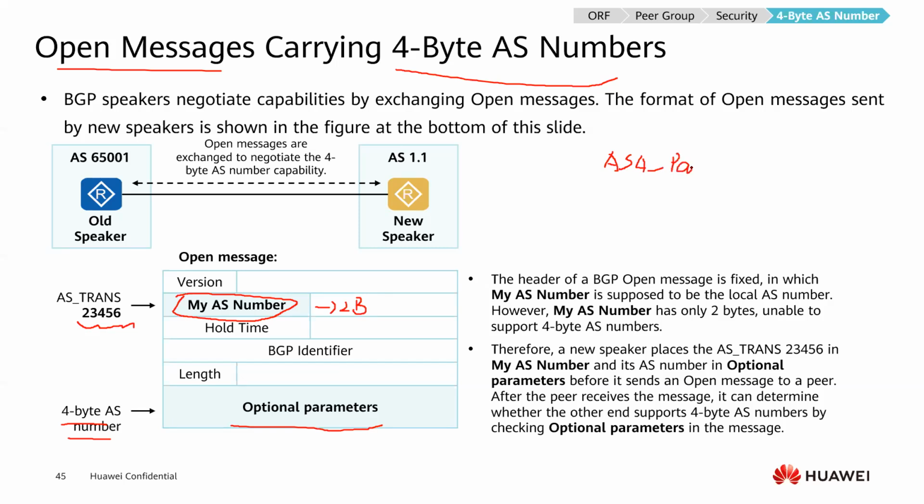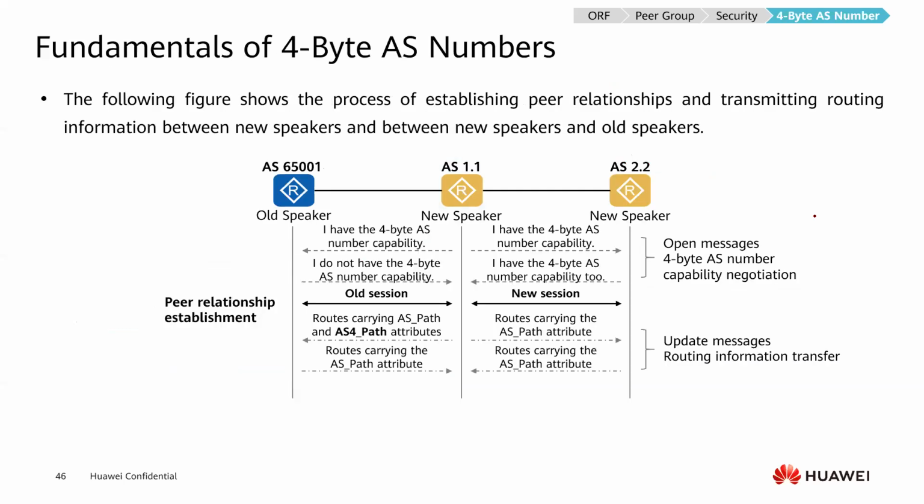Remember, we just talked about the AS path attribute on the AS path filter. Because it wants to support the 4-byte AS number, it adds 2 new attributes. The first is the AS4_PATH attribute, and another is the AS4_AGGREGATOR attribute. So these two attributes are used to support the 4-byte AS number.